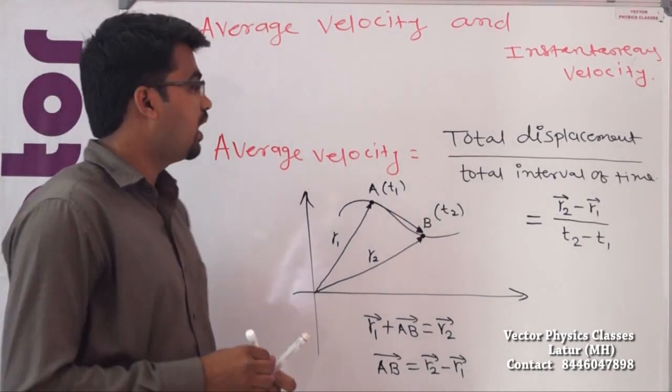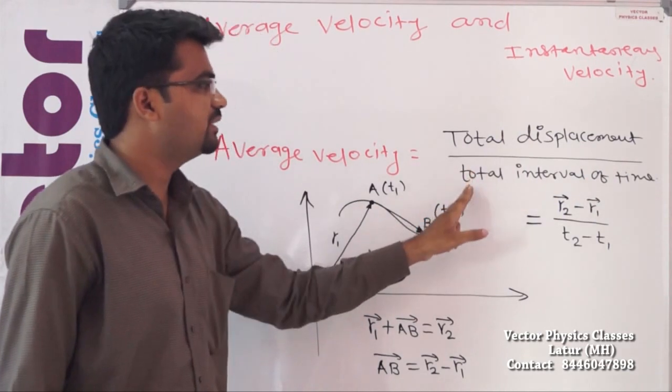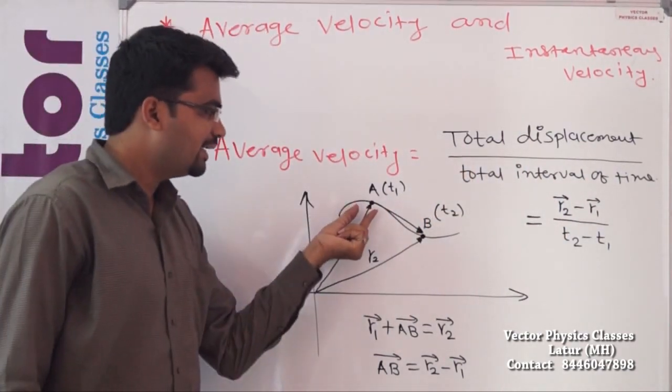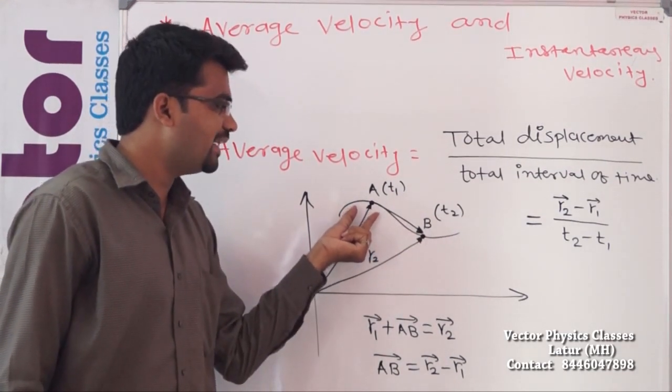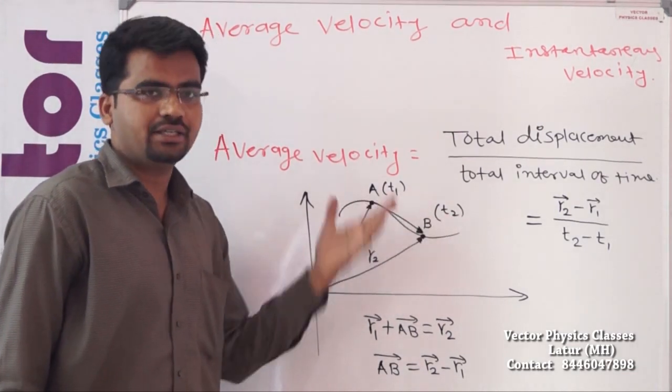Total displacement is A to B, changing position from point A to B in the total interval of time t2 minus t1.